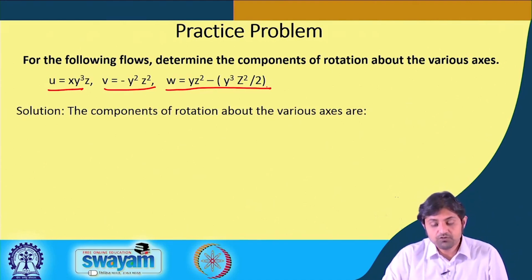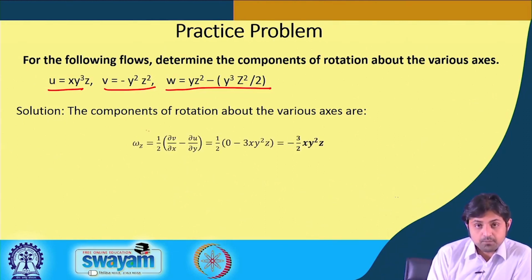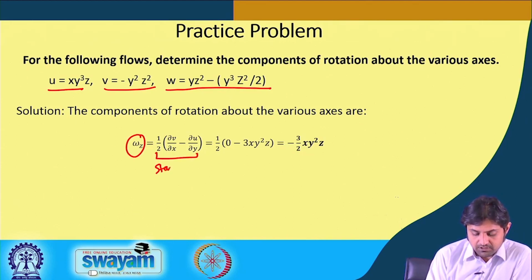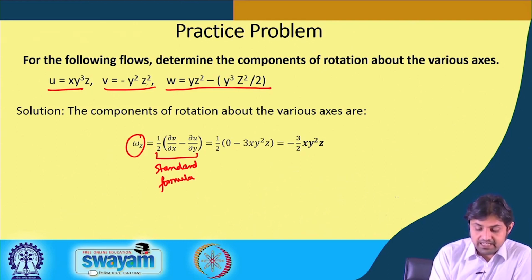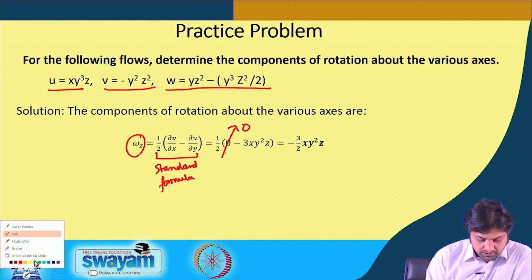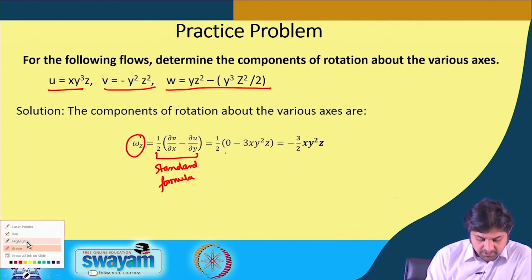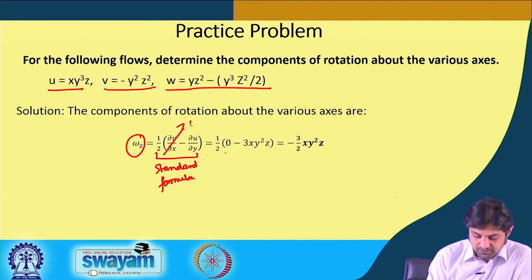So the components of rotation about various axes: omega z is given by this standard formula that we have seen. So what we need to do is del v del x. v is not a function of x, so del v del x will be 0 here. So this will be 0.